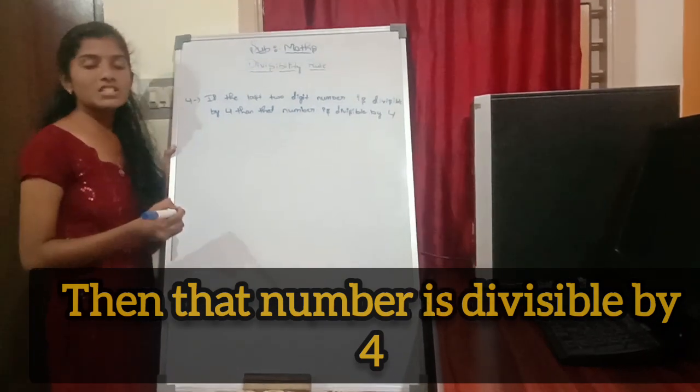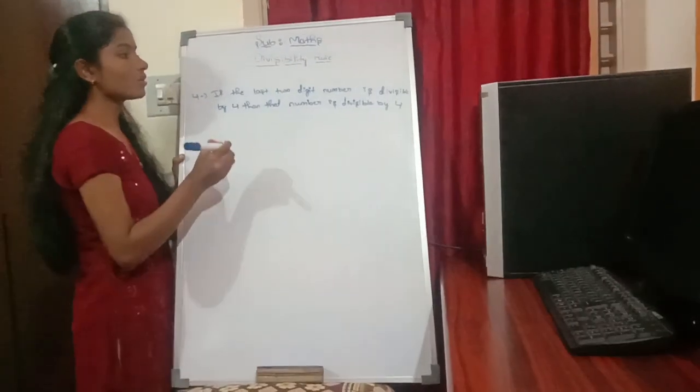If the last 2-digit number is divisible by 4, then that number is also divisible by 4.